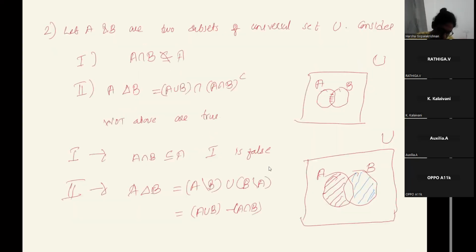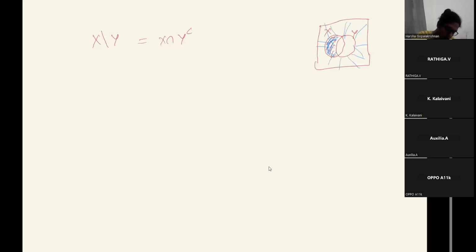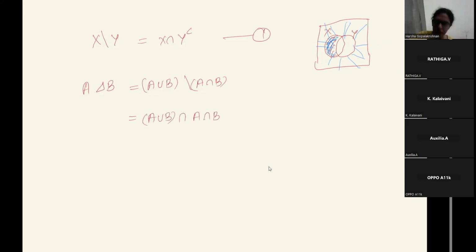So what we got is the symmetric difference of A and B is A union B minus A intersection B. So let me write once again. A symmetric difference B equals A union B minus A intersection B. So if we apply the earlier result on this, what we will get is A union B intersection A intersection B complement.